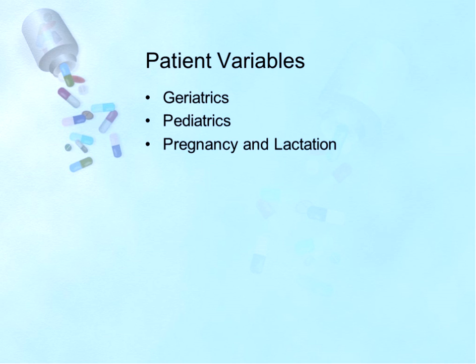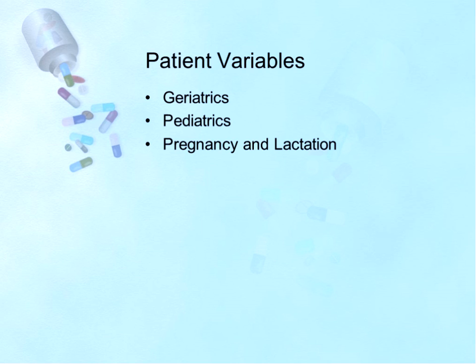So for patient variables, for geriatric patients, older patients are susceptible to systemic effects of the topical eye drops, and results may be unpredictable. For example, beta blocker eye drops are used for glaucoma. These can exacerbate chronic heart failure or even make it better. Hallucinations have also been noted to occur.